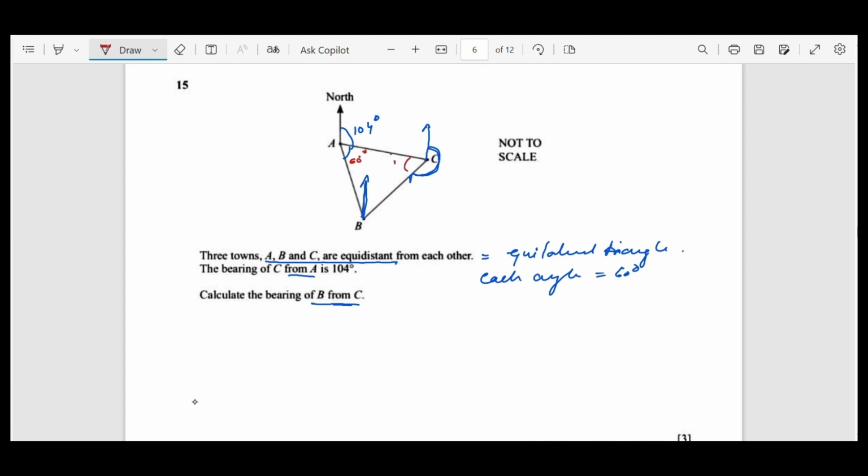This is again 60. So we need to find this, and this will be equal to 180 minus 104, which will be equal to 76 degrees.